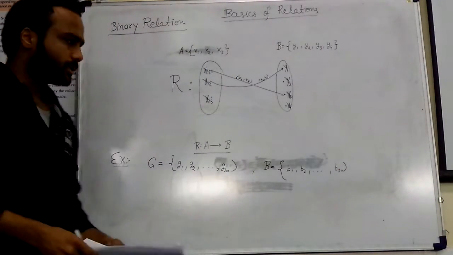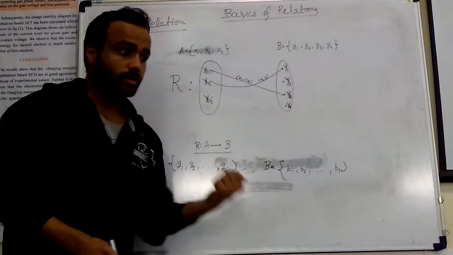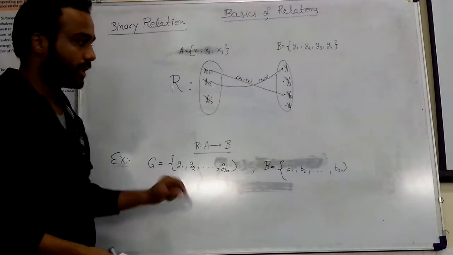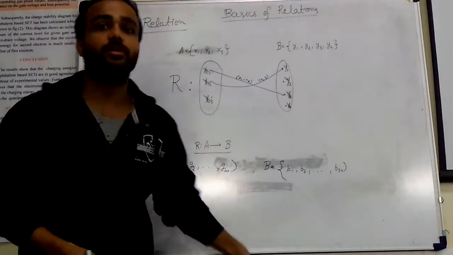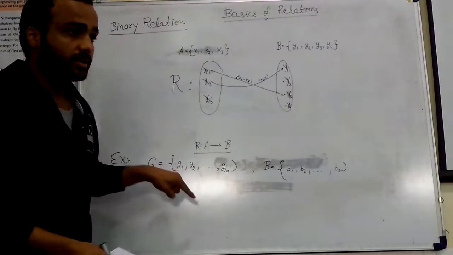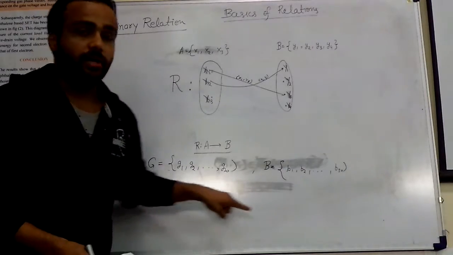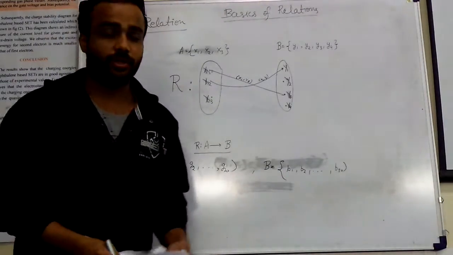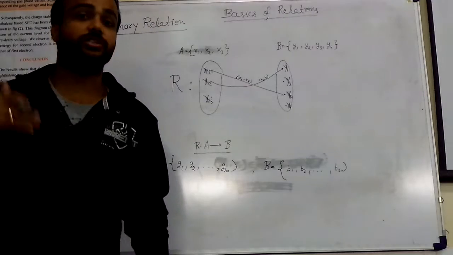Because these are two sets, and as I said earlier, elements of one set are associated with elements of the other set, we say that there is a relation R between G and B. So we need to first define what kind of association it is.